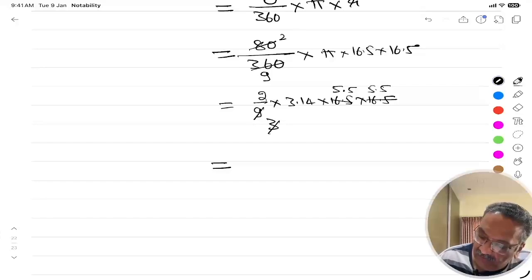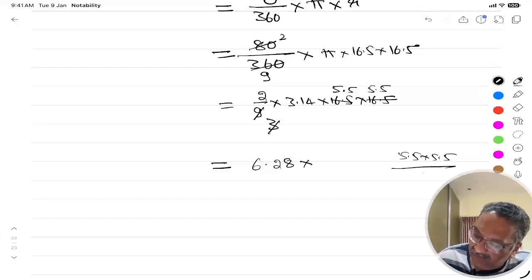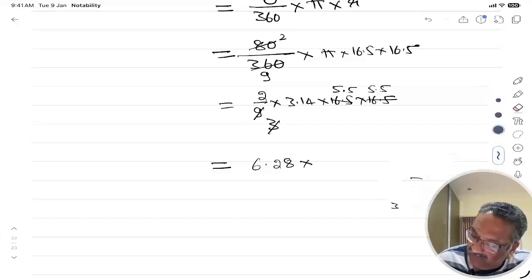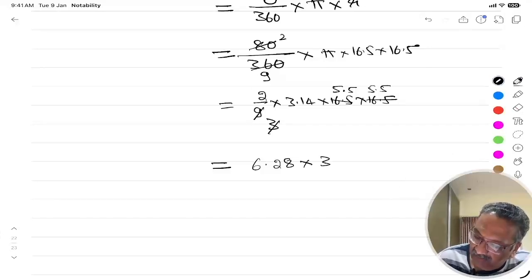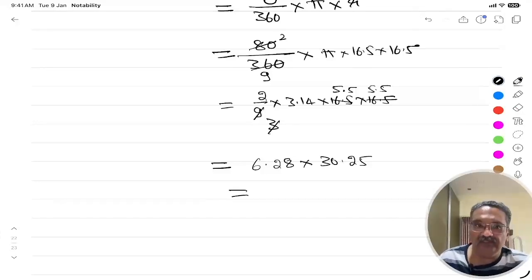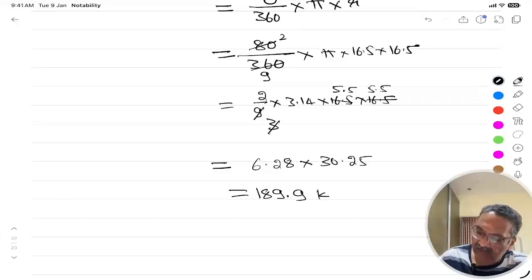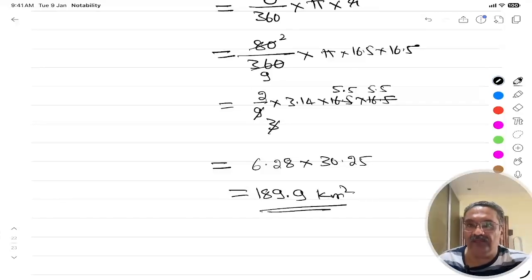Now 3.14 into 2 is 6.28, into 5.5 into 5.5, which is 30.25. 30.25 into 6.28, now this you can solve. So this comes to 189.9 kilometer square.